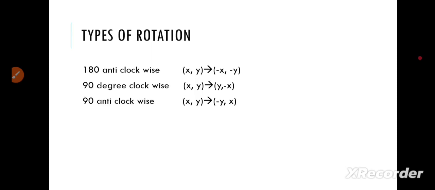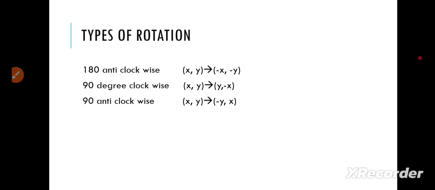Now let's come to the rotation. What is rotation? We are going to cover these three types of rotation: 180 degree, 90 degree clockwise, and 90 degree anti-clockwise. For 180 degree, we are going to change the sign of both the coordinates.